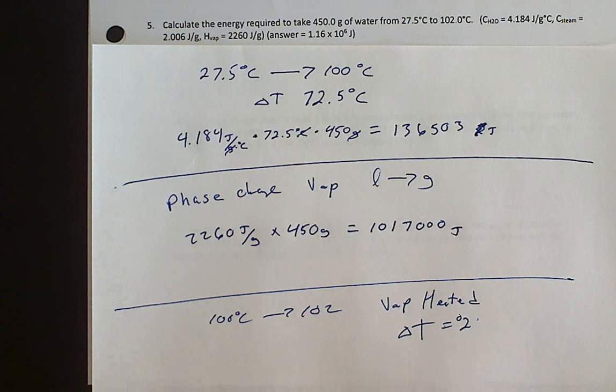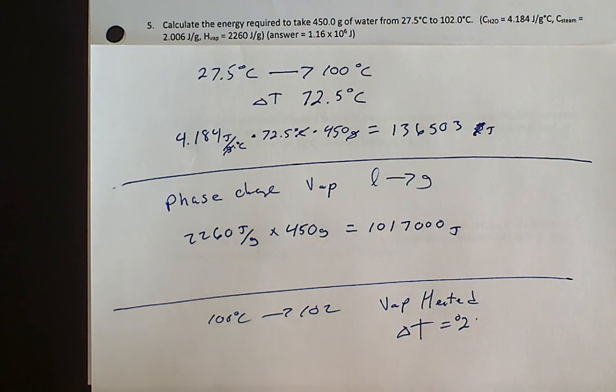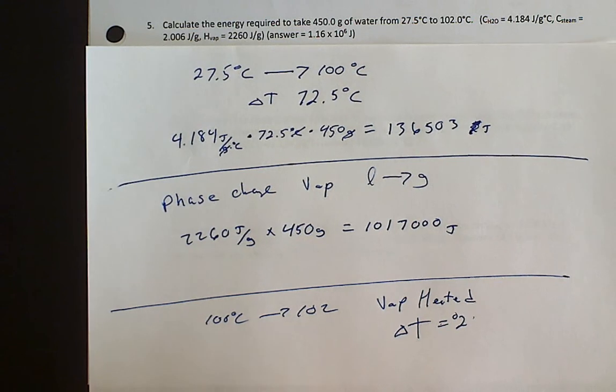And then the last one here, the heat capacity, or the specific heat that we have for vapor, or steam, that is our third value, and that's 2.006 joules per gram per degrees Celsius that we change.